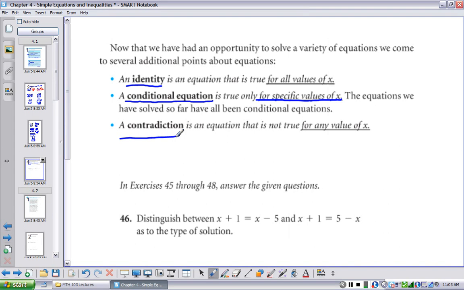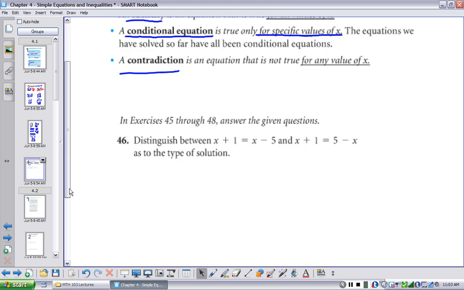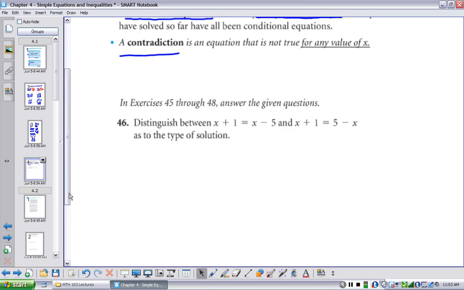So we're going to look at the last problem that we're going to do in this section, number 46, and we're going to distinguish the type of solution that we have with these two equations. And I'm going to add another equation to this.